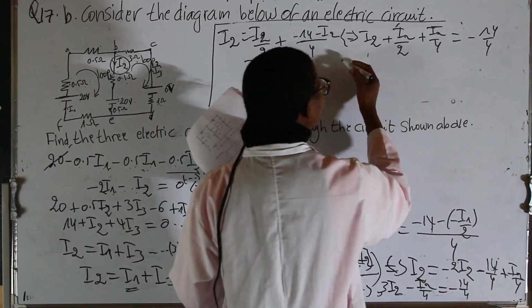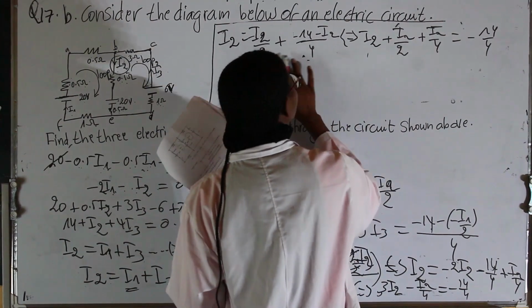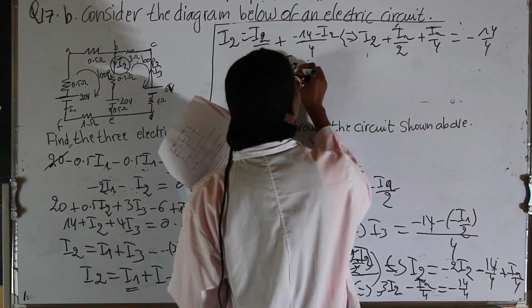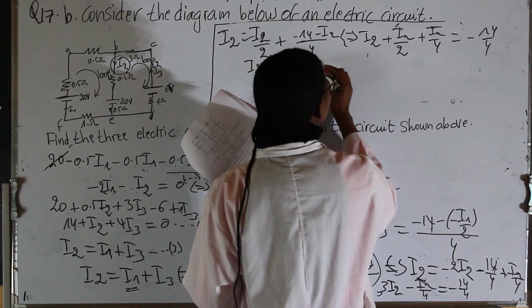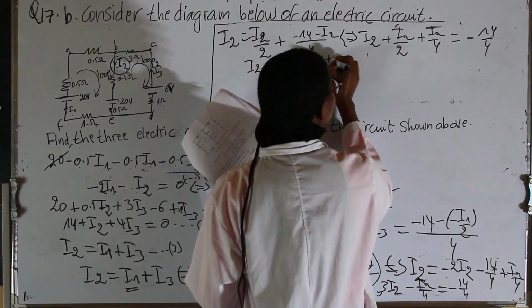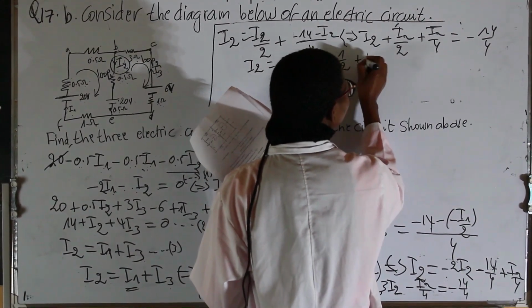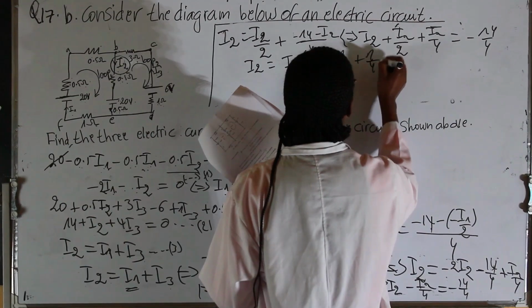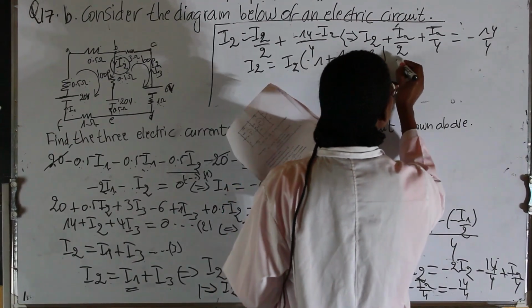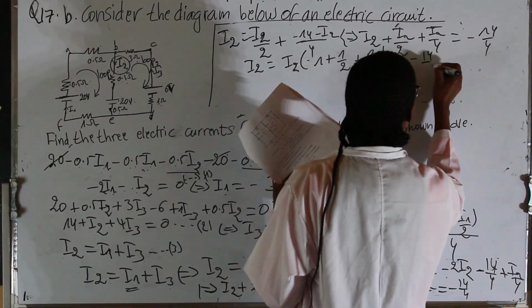Putting I2 times 1 plus 1 over 2 plus 1 over 4 equal to minus 14 over 4.